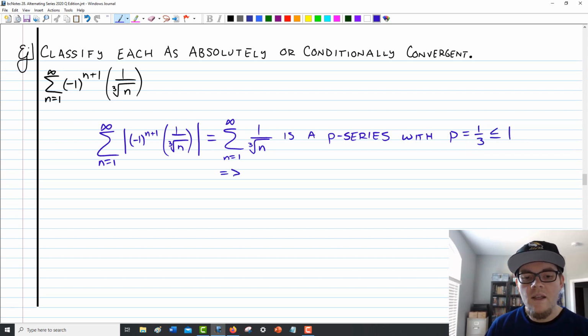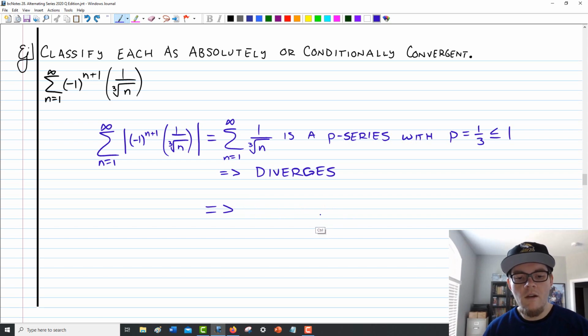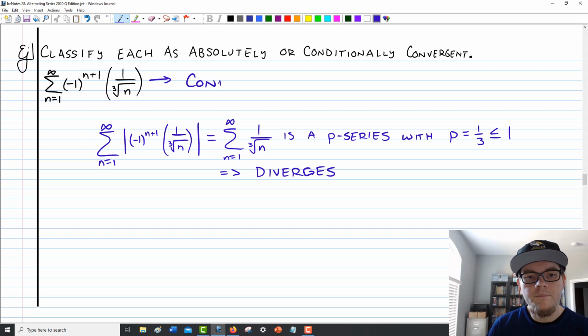So what that means is that this series diverges. And as soon as we see that the absolute value version of the series diverges, that means that our series is only conditionally convergent. In fact, I can write it right up here: conditionally convergent.